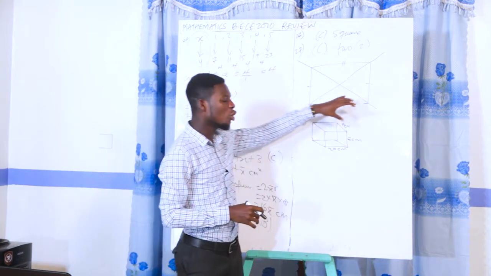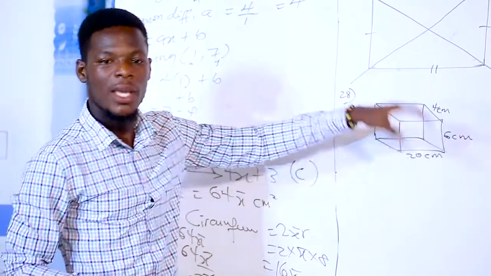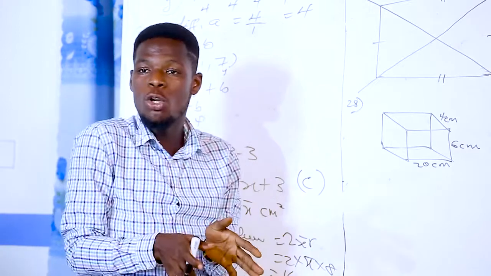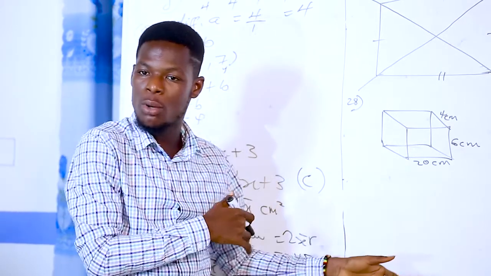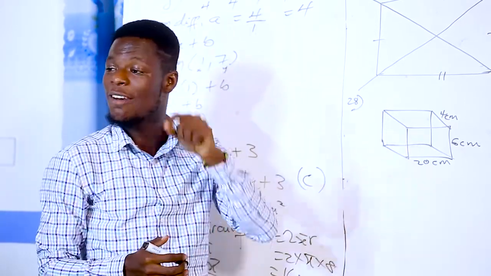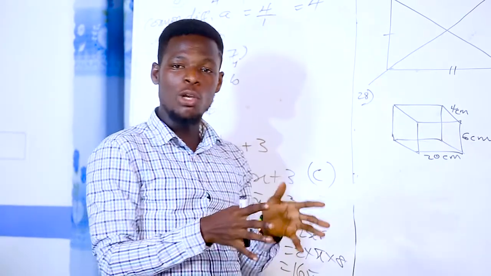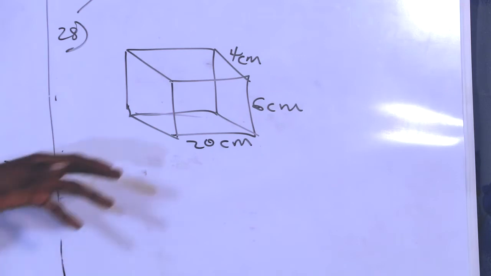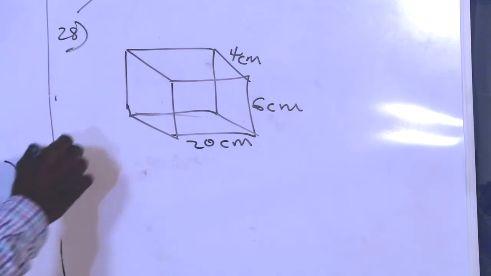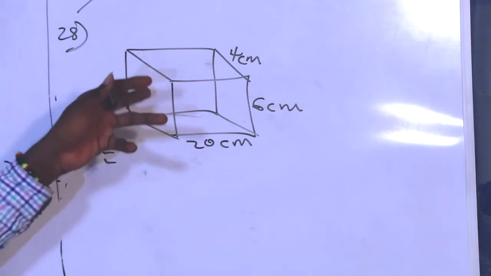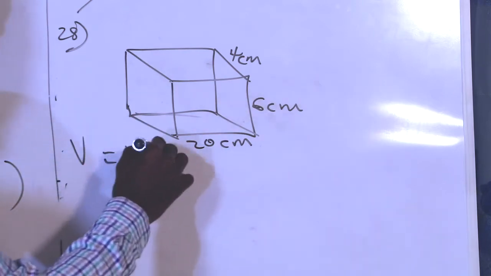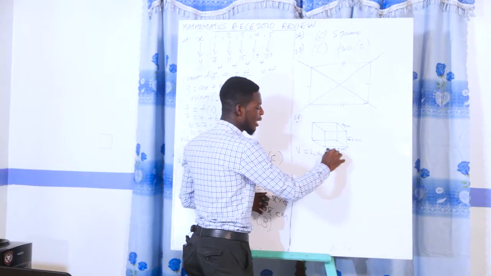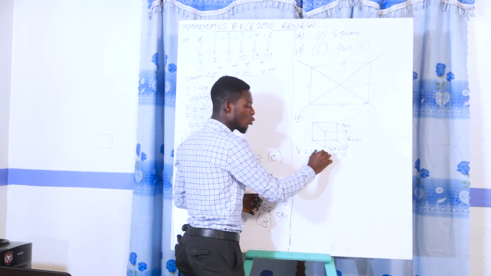So for the cubes to fill the box, they should have the same total volume as the rectangular box. So the first thing you calculate is the volume of the rectangular box. Volume refers to the amount of space that can be contained in that rectangular box. And the volume of a cuboid is length times breadth times height. The breadth is also called width.